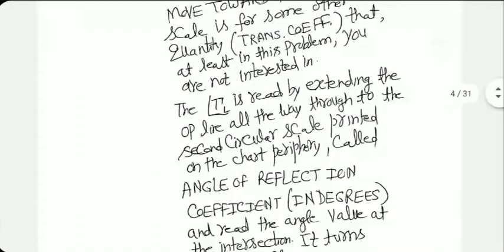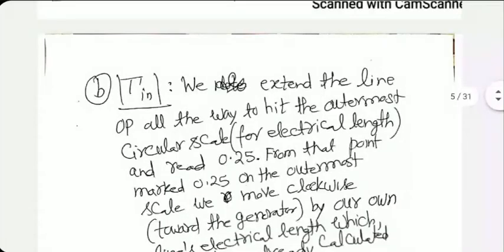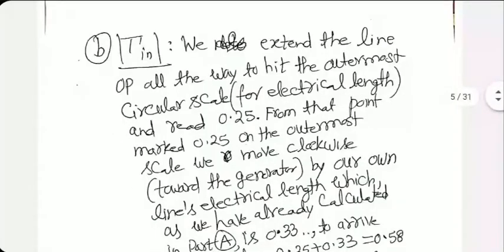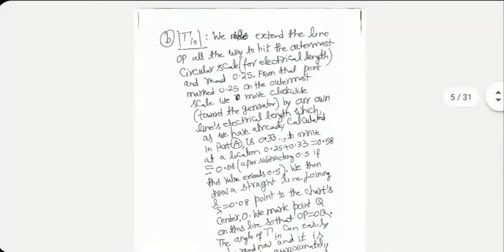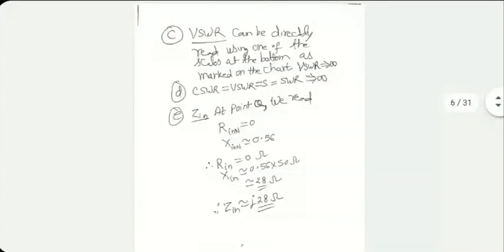Angle is read by, I've explained it to you, you can read it also later. Tau in, I told you already, you move by 0.33 lambda clockwise, and in the new position, you read the angle value again. If in doubt, read this carefully later. VSWR is easy to figure out, CSWR is easy to figure out.